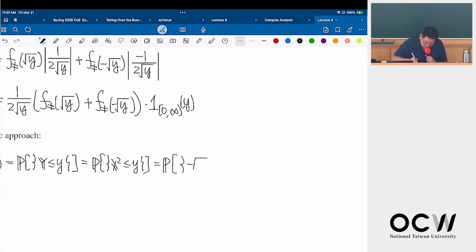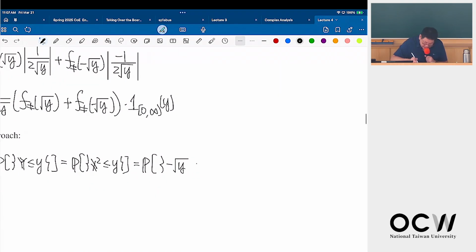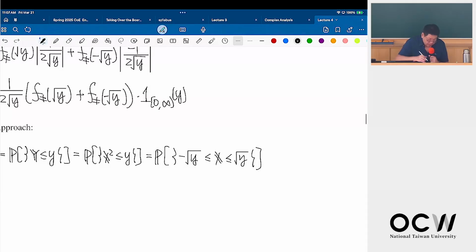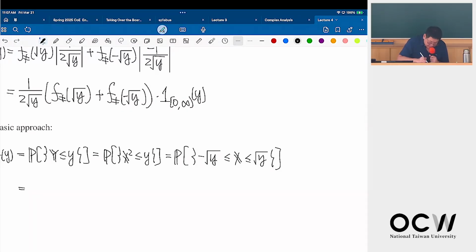We can take the perfect square out. Then x is between minus square root of y and square root of y. And this is the CDF of x at square root of y minus the CDF of x at minus square root of y.